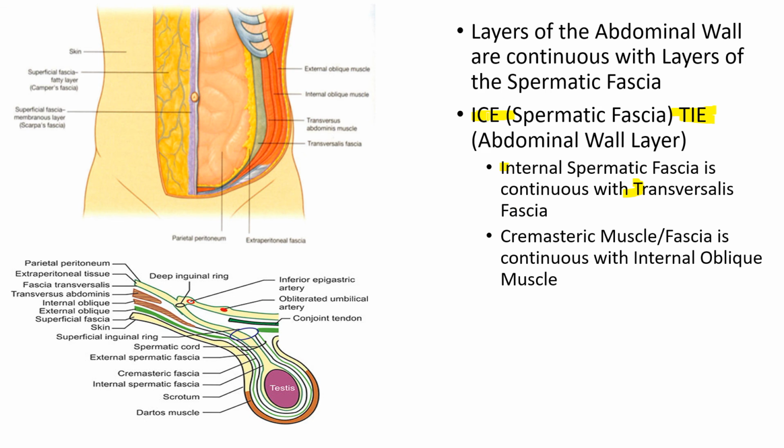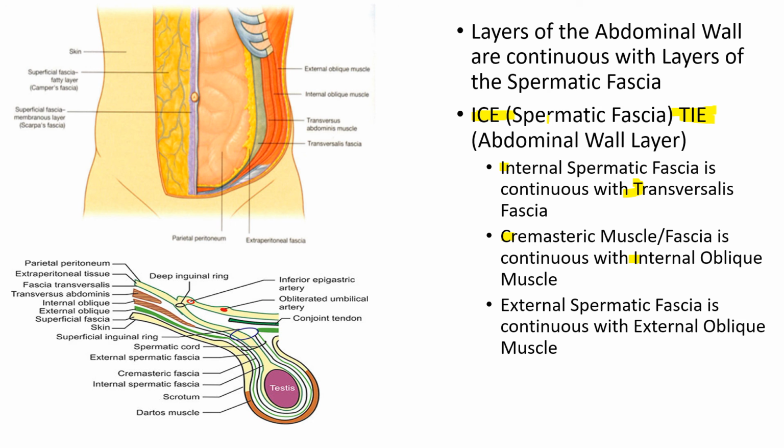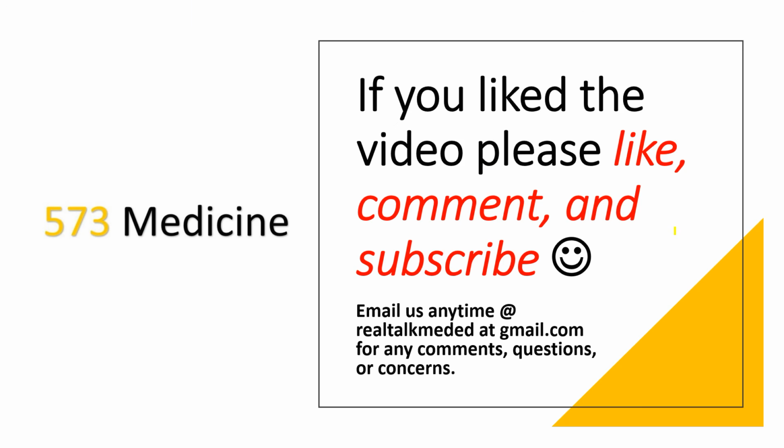The C, as well as the I, correspond because the cremasteric muscle slash fascia is continuous with the internal oblique muscle. The E's correspond because the external spermatic fascia is continuous with the external oblique muscle. So the external oblique in the abdomen will eventually become the external spermatic fascia.